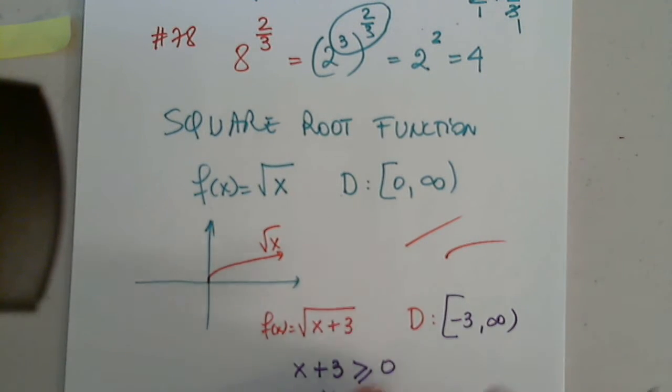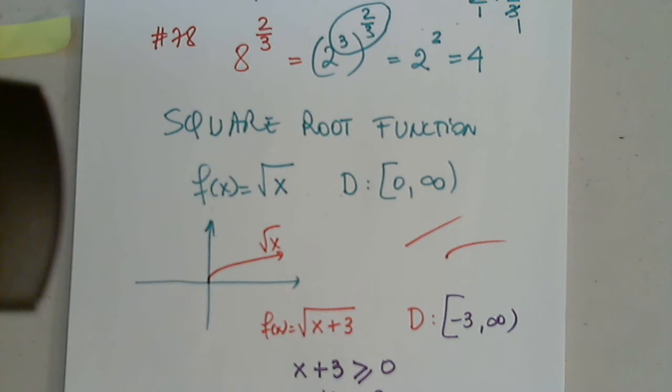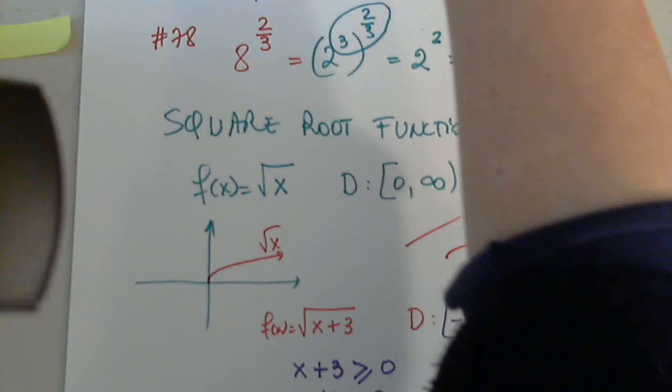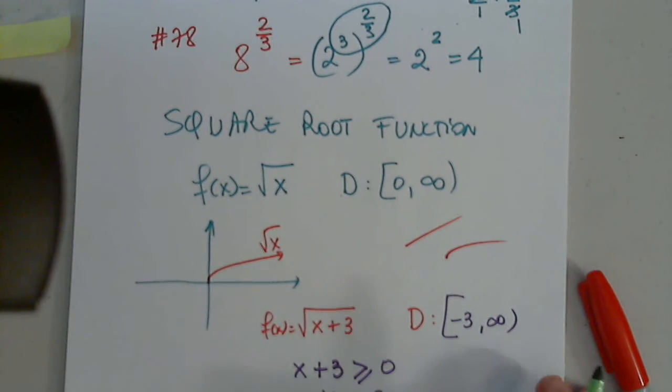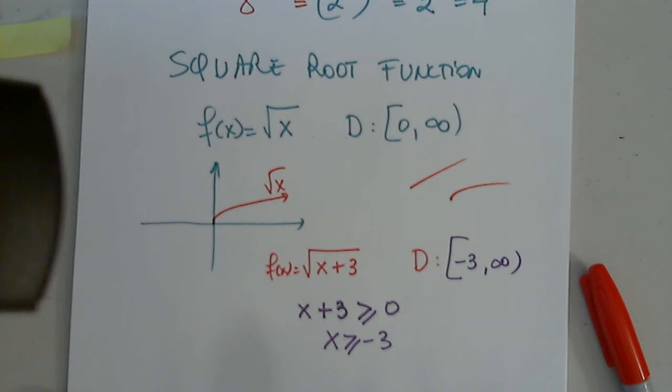The domain tells me what happens to this function, where it's going. That's why we always should determine the domain before we do anything else. So can anyone tell us where does this graph go? It goes to the left 3. Exactly.